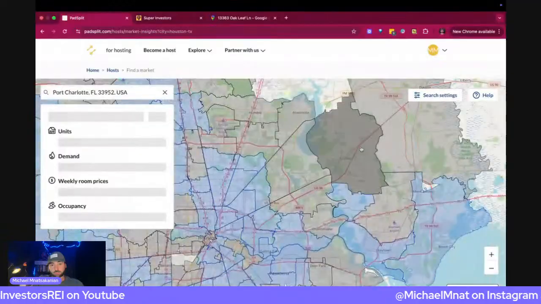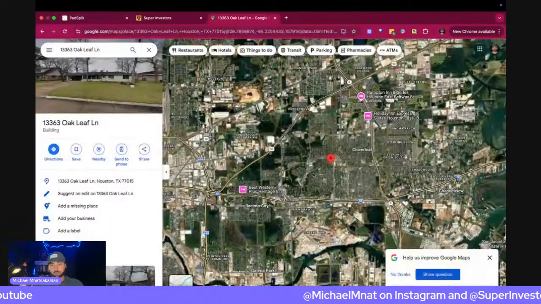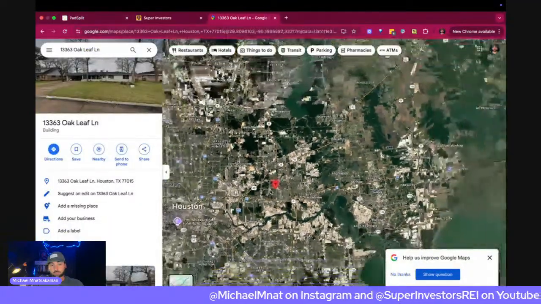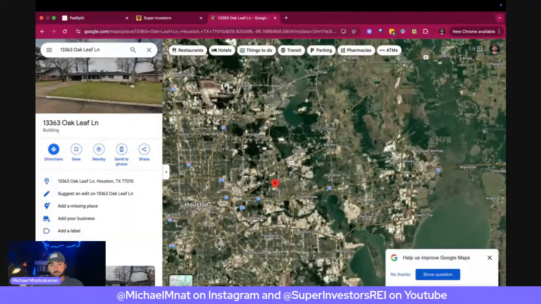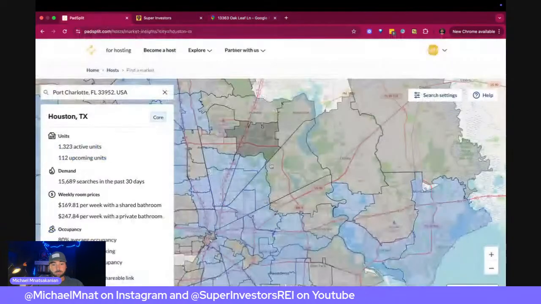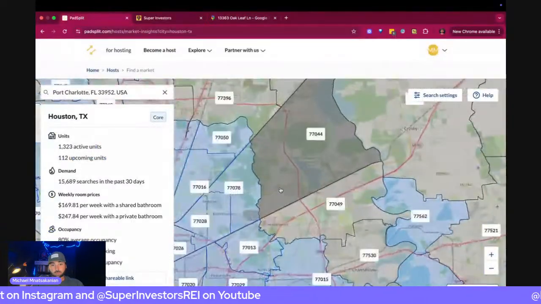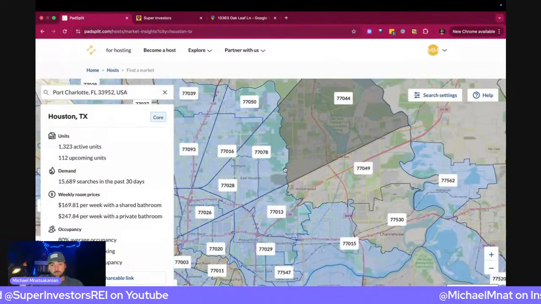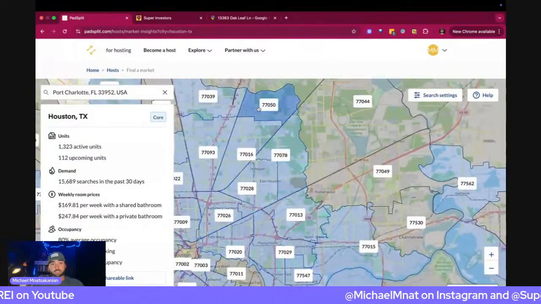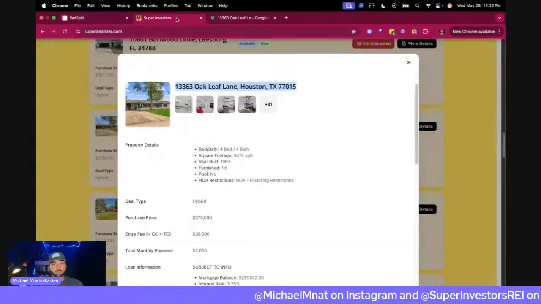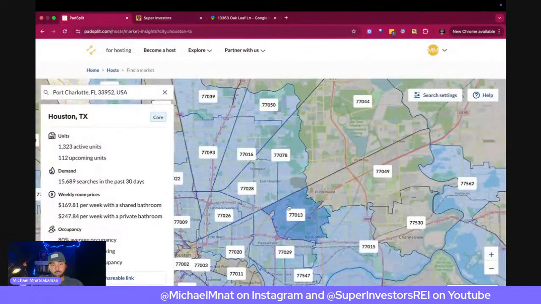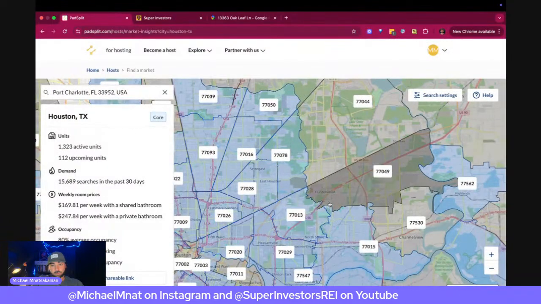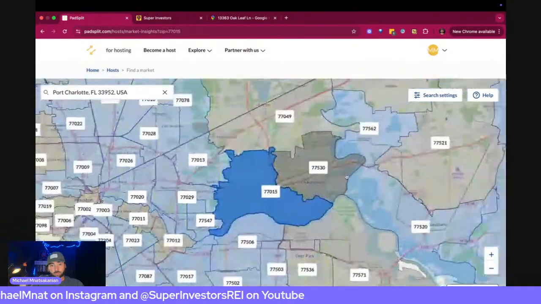Yeah, it's too far out. It's pretty far out. It's in between Crosby. We're so close, but 77015. There we go. It's probably not a lot, but let's see.